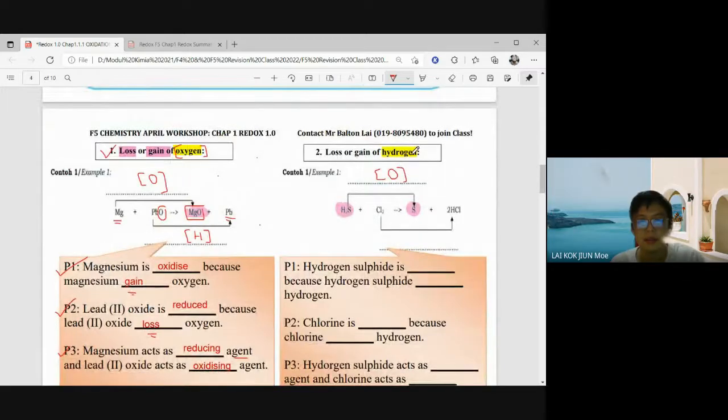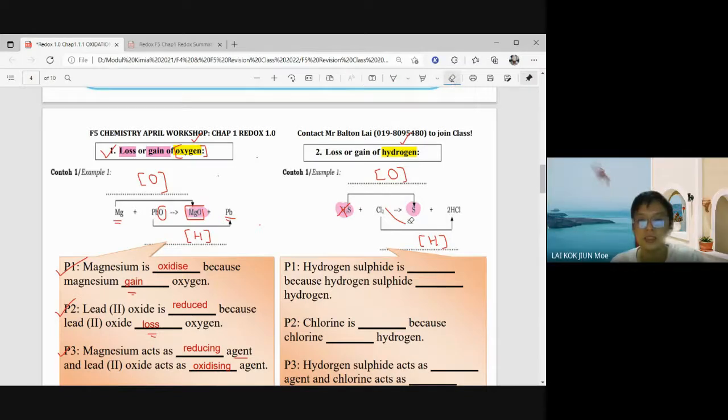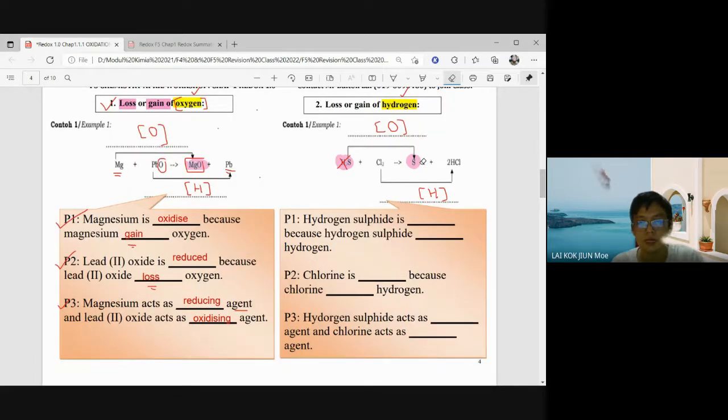Oh, dia tak mau hydrogen, dia oxidize. Kalau dia nak oxygen, dia oxidize. Kalau dia throw away hydrogen, dia oxidize. Okay nak Xiao Hang? Hydrogen remove, oxidize. Kalau dia ambil hydrogen, dia ialah reduction. Maksudnya kalau ada hydrogen, dia reduce lah. Kalau dia throw away the hydrogen, dia oxidize. So H2S throw away the hydrogen.